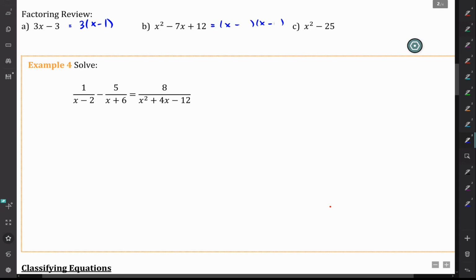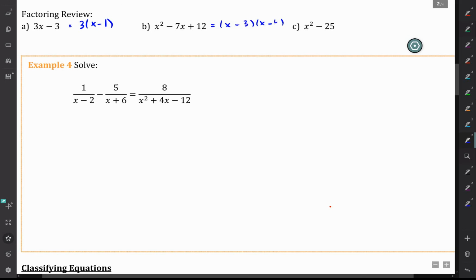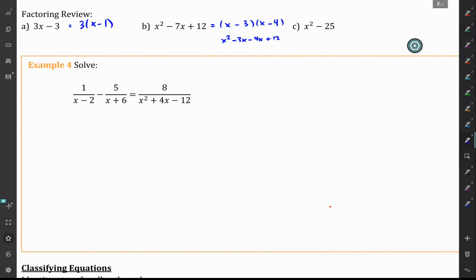Of those, it could only be 3 and 4. So it's x minus 3 times x minus 4. Again, if you FOIL this out, you get x squared minus 3x minus 4x plus 12, which is exactly x squared minus 7x plus 12. So this is like foiling, but in reverse.